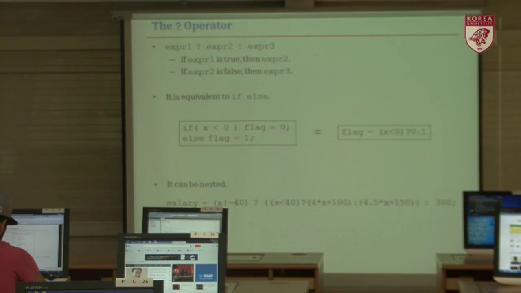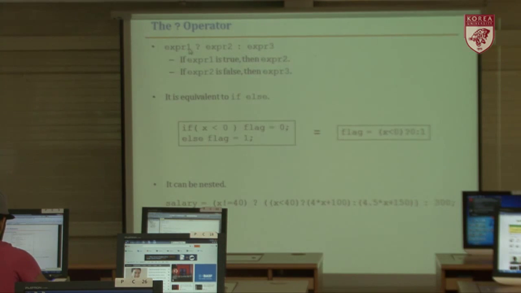Then the third one is the question mark and colon operator. We first evaluate expression 1. If expression 1 is true, we use expression 2's value. Otherwise, we use expression 3's value. So in this one, flag equals x less than 0, question mark 0, colon 1. It means if x is less than 0, then we use 0 as the whole value of this statement.